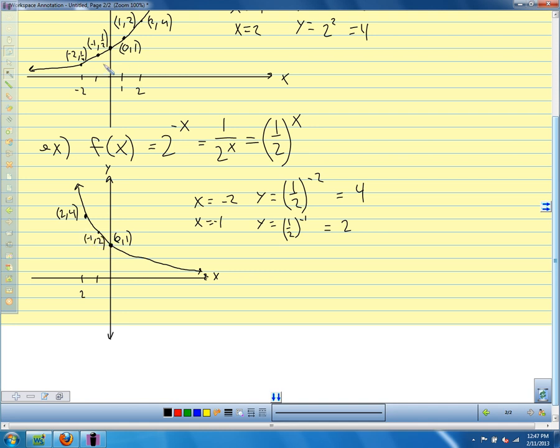And basically what we're doing is flipping our points around. So what was positive over here turns out to be on the negative side over here. And it would be the same for x equals 1. I would get y equals 1/2 to the first power. And that's just 1/2. So my point here is going to be (1, 1/2). And if x equals 2, I get y equals 1/2 squared, which is 1/4.